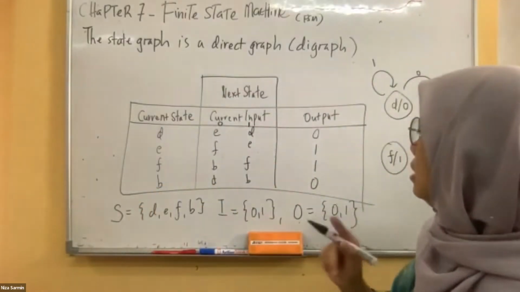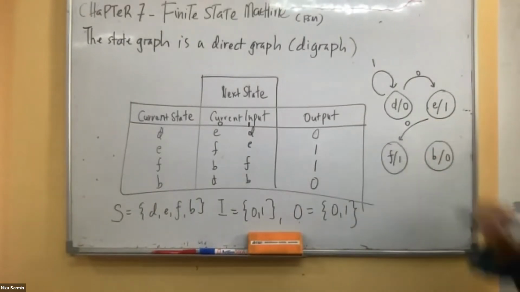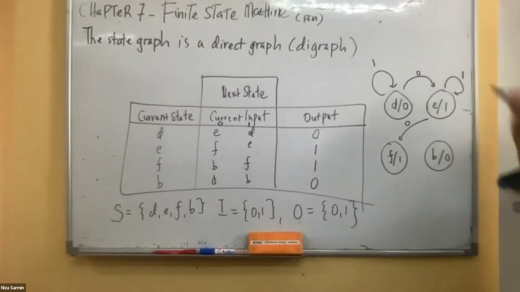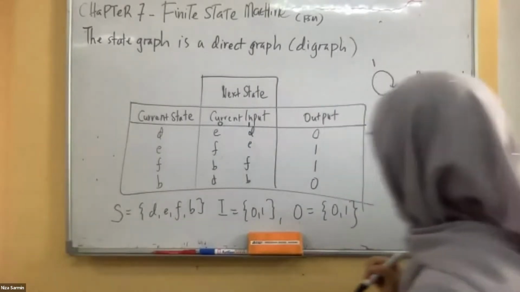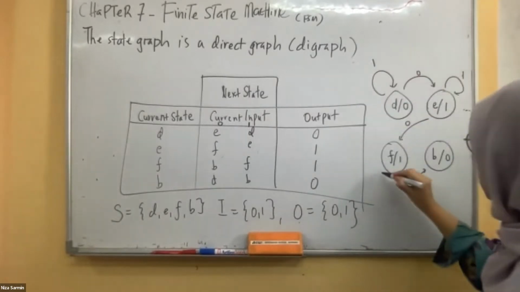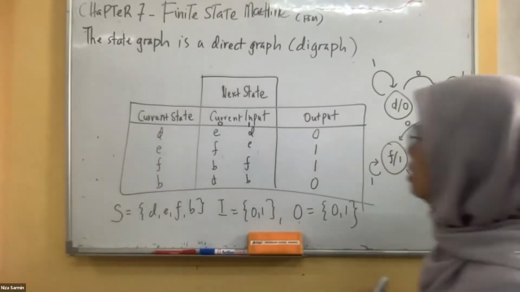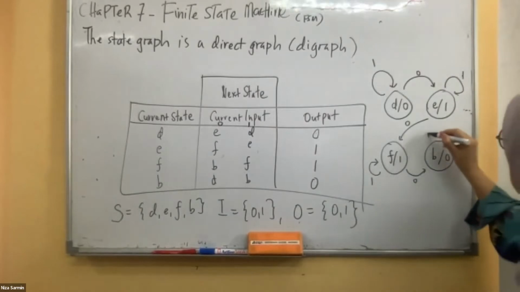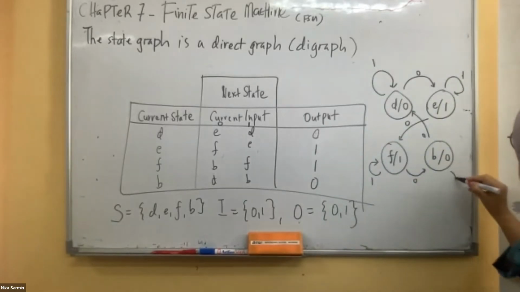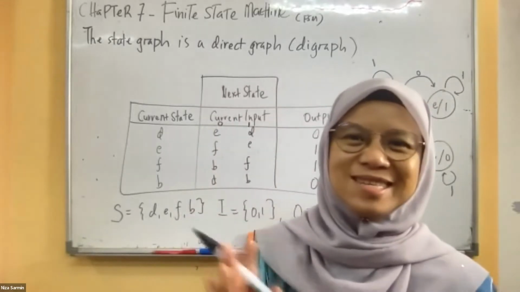Next, E. E under 0 goes to F. E under 1 goes to E. F under 0 goes to B. F under 1 goes to F. B under 0 goes to D. B under 1 goes to B. This looks a little bit like reflexive relations, right?